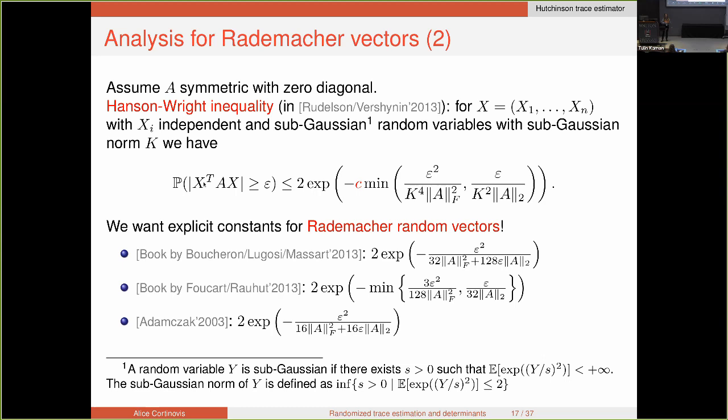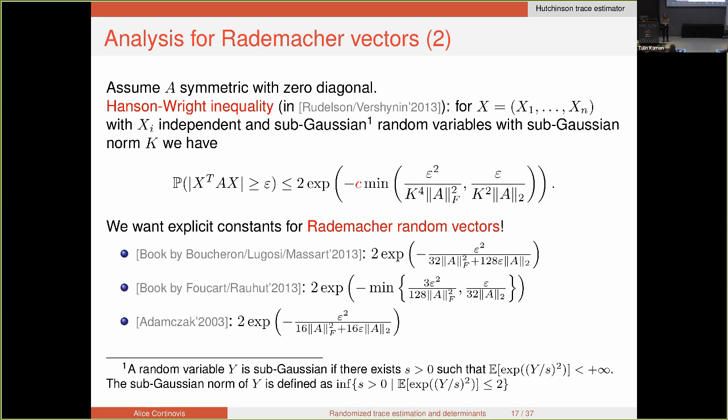I put here the definition of sub-Gaussian, but let's just say Rademacher random variables are sub-Gaussian, so one could use this result. And this is somehow similar to the form of the result for the Gaussian case. It has this term with the squared Frobenius norm of A. The problem is that we don't know this constant C.